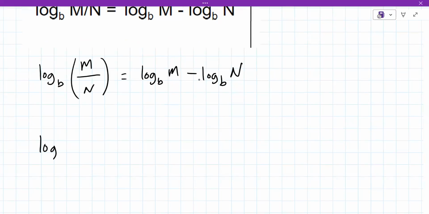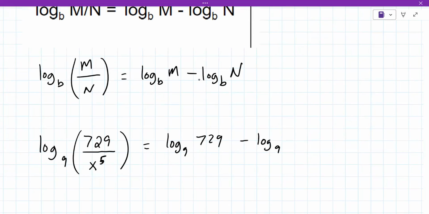Let's say it's log base 9 of 729 over x to the 5th. Okay, this becomes log base 9 of 729 minus log base 9 of x to the 5th.